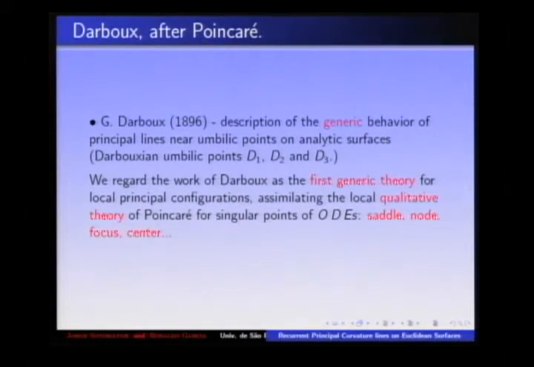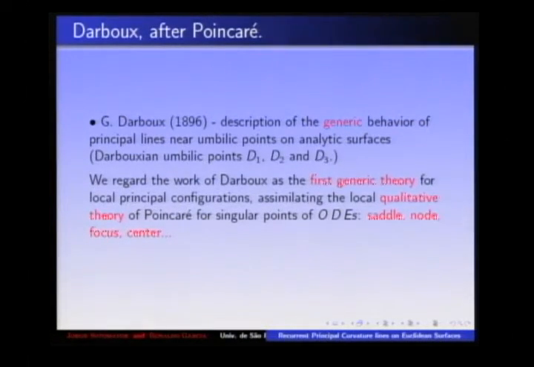Now we come to more advanced subjects concerning the level of analysis that we are coming into. So we have Darboux. I put Darboux and Poincaré together here. They're contemporary. And you have the Darboux theory for umbilic points. So here we have a more specific and familiar language for people in dynamical systems.